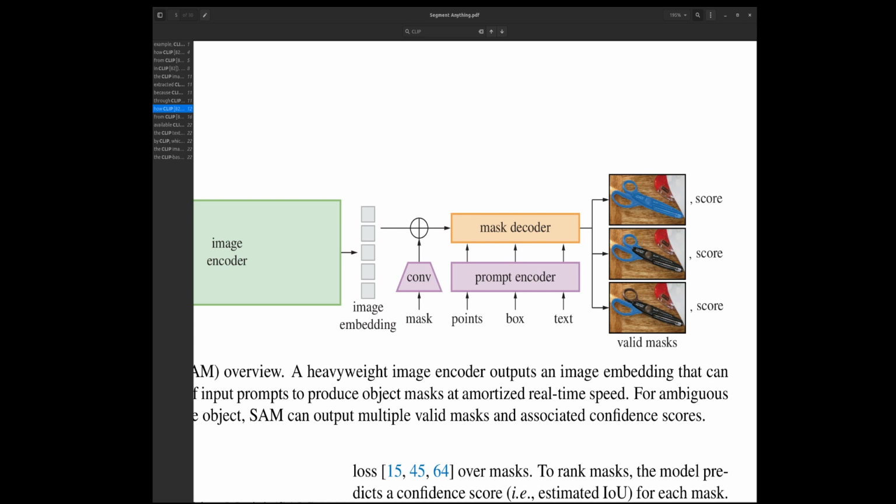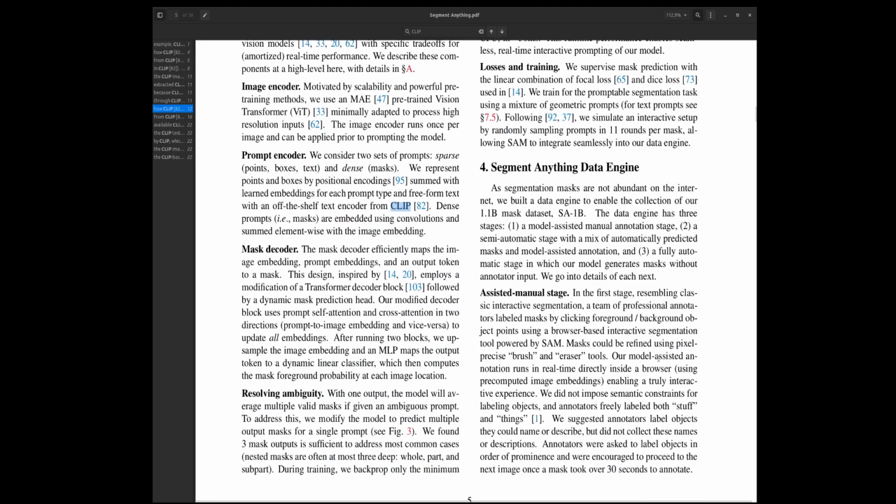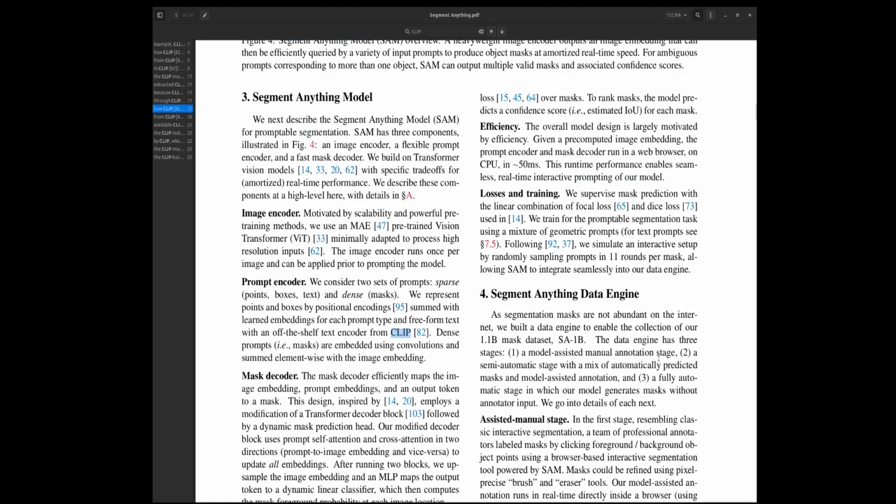So I think they cherry-picked those examples where all of those masks make some sense intuitively, like, okay, this is the handle of the scissors, this is one part of the handle of the scissors. But the masks that you get are not always like that.